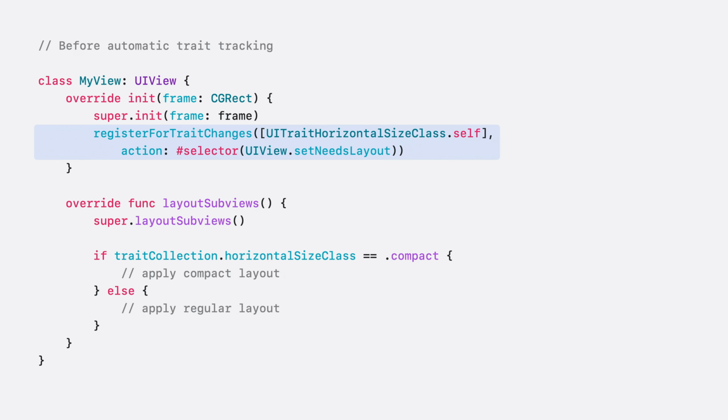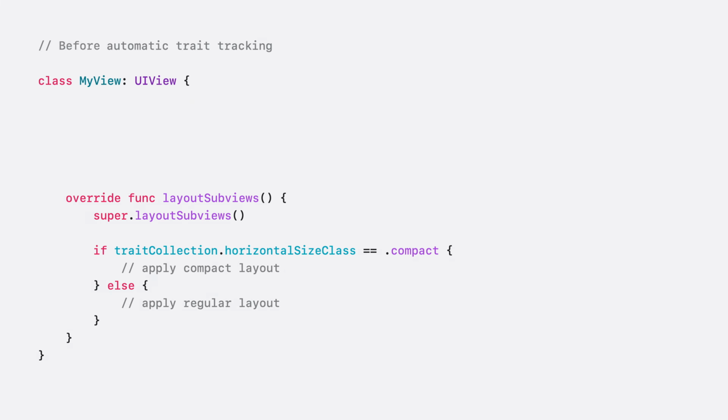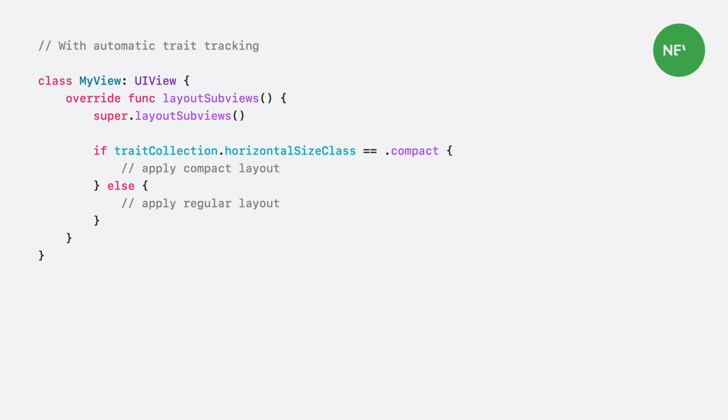With automatic trait tracking in iOS 18, I can delete this manual trait change registration entirely. This is because when layoutSubviews is called, horizontal size class trait usage is recorded. And when the trait changes for this view, it automatically receives setNeedsLayout to update for the new value.